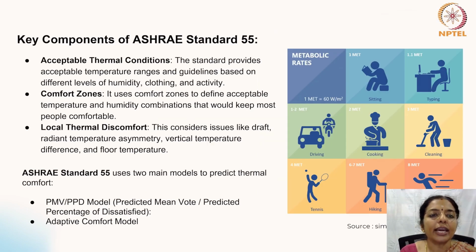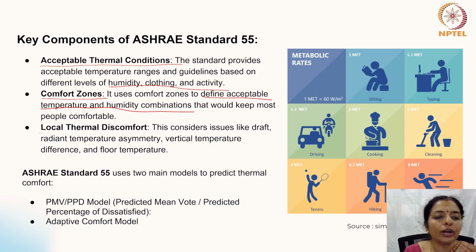So the key components of ASHRAE Standard 55 is that acceptable thermal conditions. This standard provides acceptable temperature ranges and guidelines based on different levels of humidity, clothing and activity. It talks of comfort zones. So it uses comfort zones to define acceptable temperature and humidity combination that would keep most people comfortable.